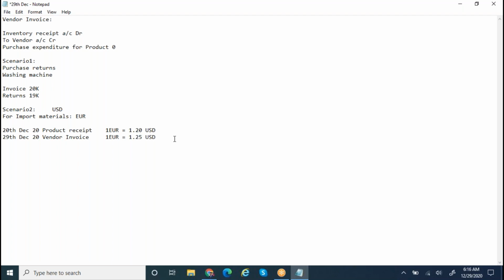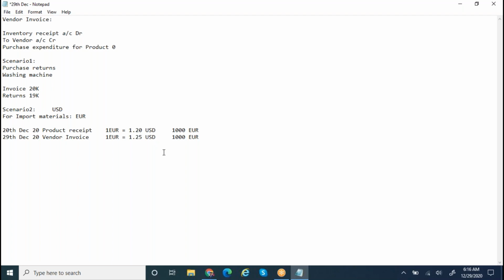The product receipt accounts will be reversed. Suppose I have purchased at the rate of €1,000. It should be reversed at €1,000, but one component was already posted in US dollars.